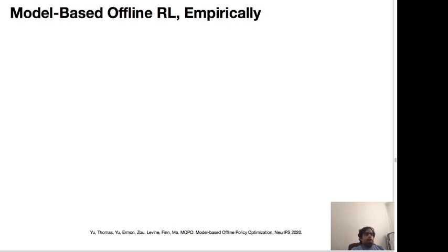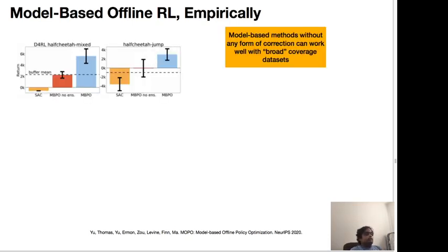Okay, so how do these methods perform empirically? It turns out that even if you do not correct the reward function, so even if you do not add any conservatism to the reward function, model-based offline RL methods can work well with datasets which have broad coverage. If you do not have that much distributional shift, these methods can perform quite well.